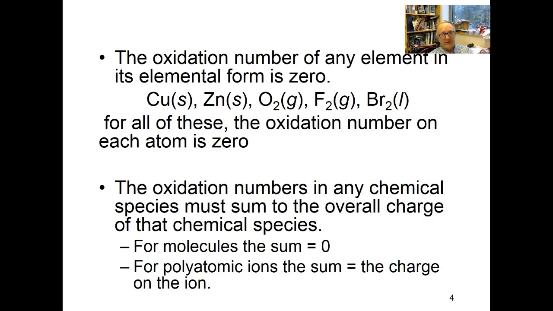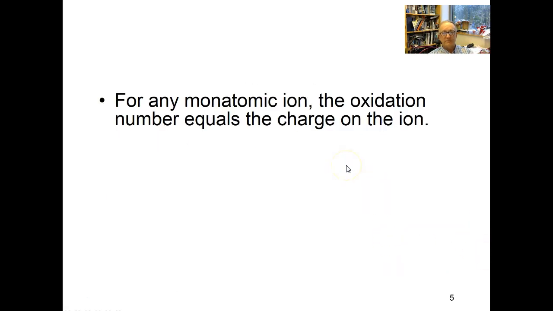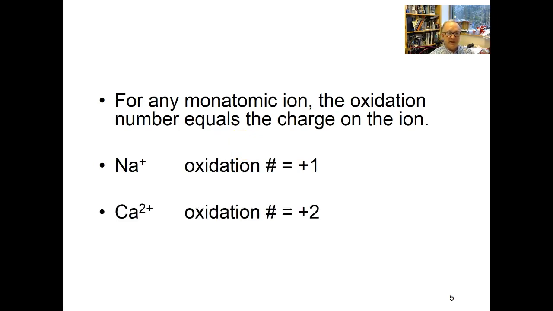And we'll get some practice on this in class. For any monatomic ion, where we just have one atom, the oxidation number equals the charge on the ion. So the sodium ion has a +1 charge, the oxidation number is +1. Calcium 2+, the oxidation number is +2. The sulfide ion, which is 2-, the oxidation number is -2.